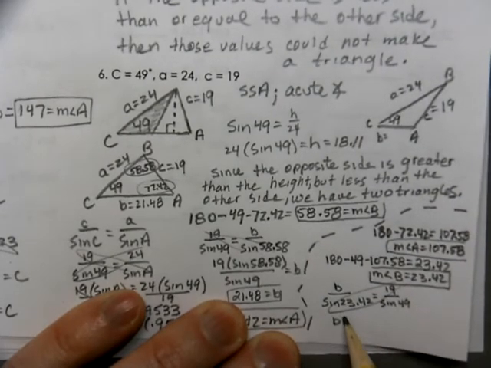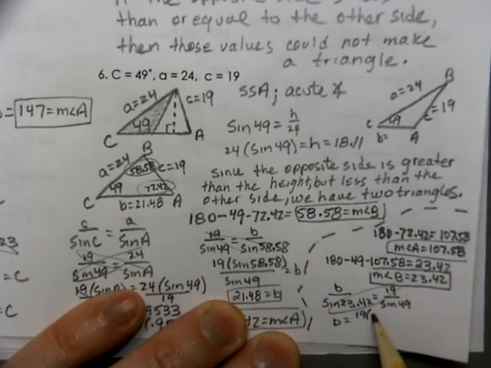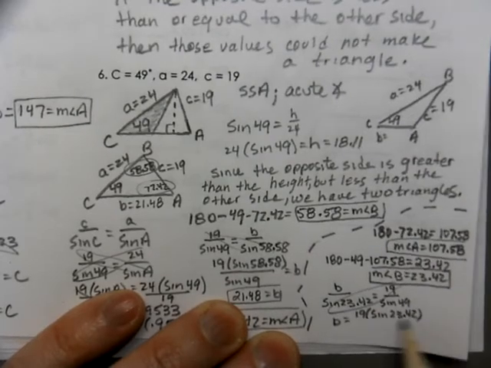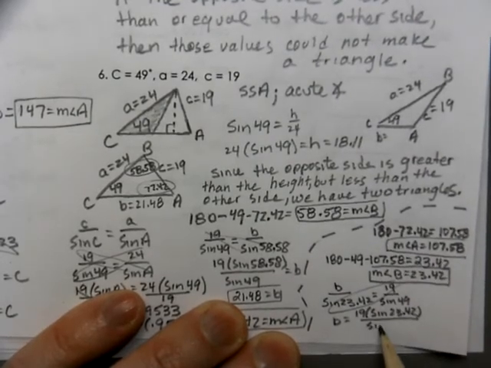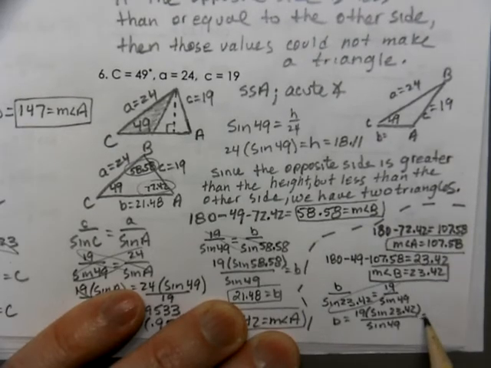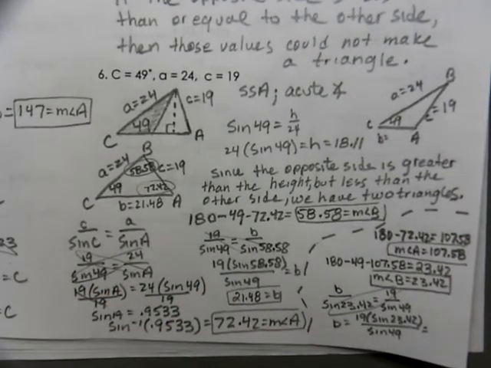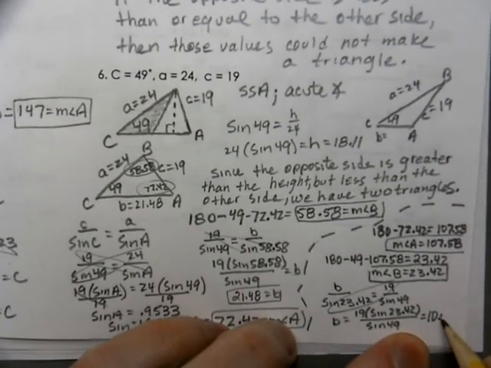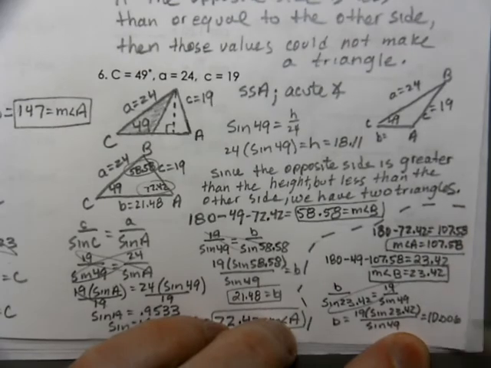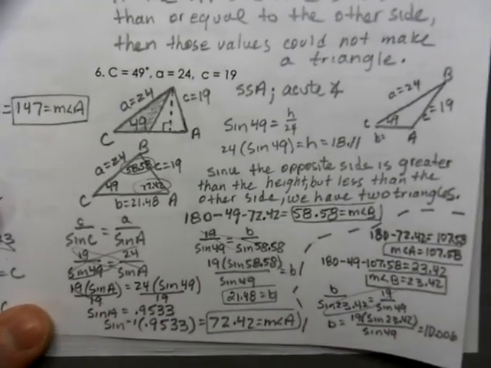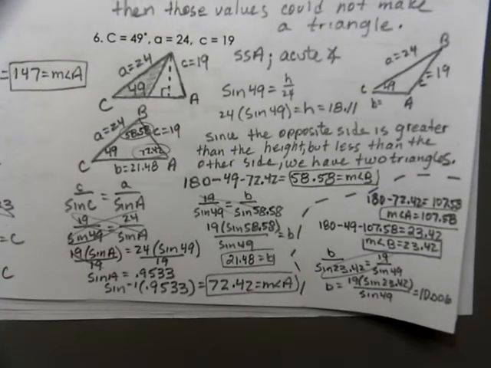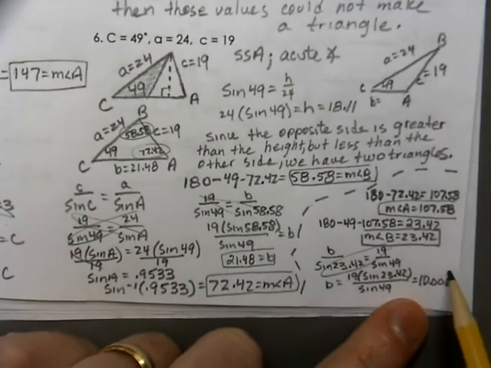We're going to cross multiply to get 19 times the sine of 23.42 over the sine of 49. And using our calculator, we would come up with 10.006. Now that's pretty detailed there, 10.006. I just didn't want to call it 10.0. So that's our missing side over here.